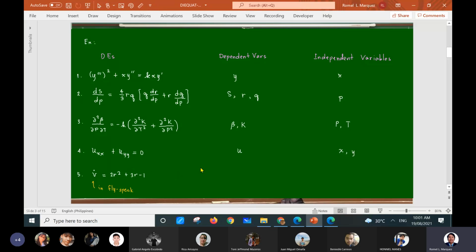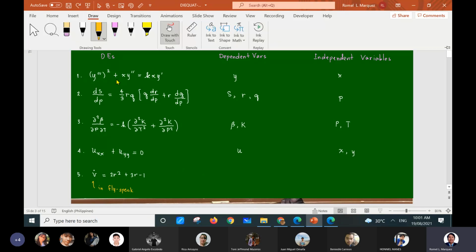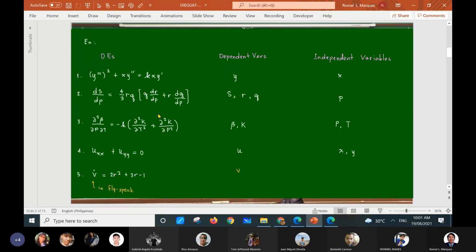Okay, guys? Like for instance, if I have V with a dot on top equal to 4, you do not know anymore what the independent variable here is, but it will be told to you. You do not have to worry, or it will be clear in context. Okay, guys? So here, what is the dependent variable? V, no?